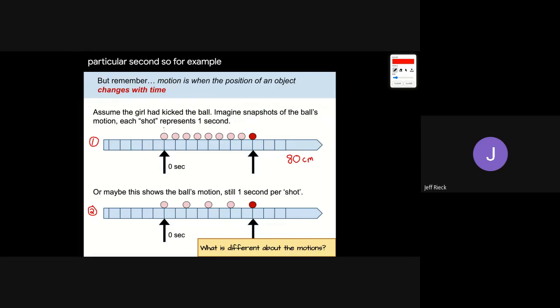So for example, this would be its position at 1 second, its position at 2 seconds, 3 seconds, and so forth. So keeping that in mind, what exactly is different about the motions of the 2 different ways that the girl kicked the ball?